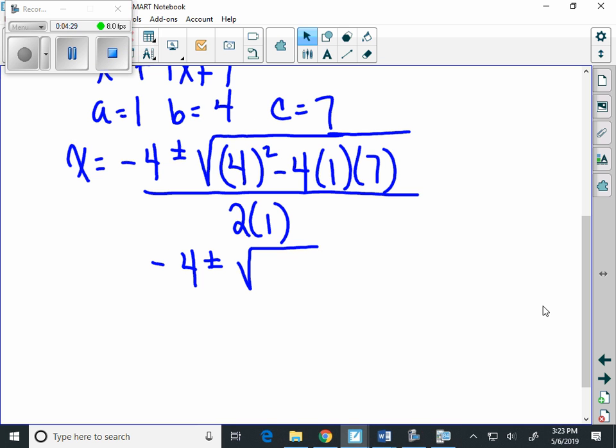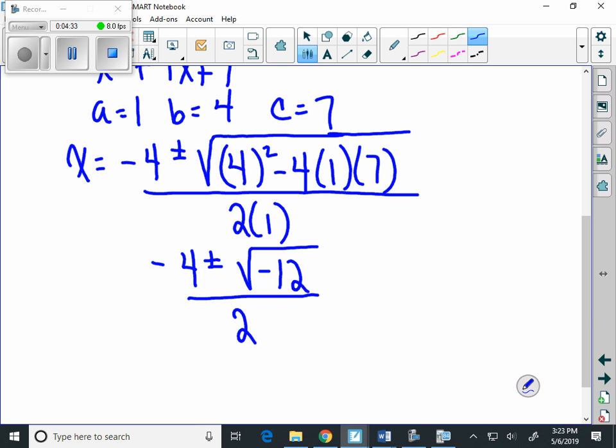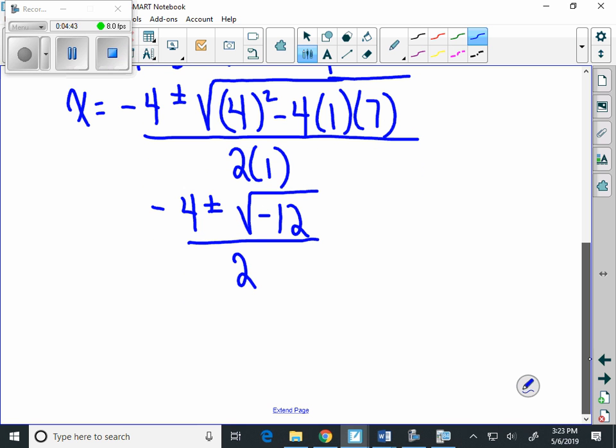Which gives us negative 12. All divided by 2. We found 2 roots. We're looking for a total of 4. We've got our plus or minus in here, so we're getting close to being able to finish on this one.